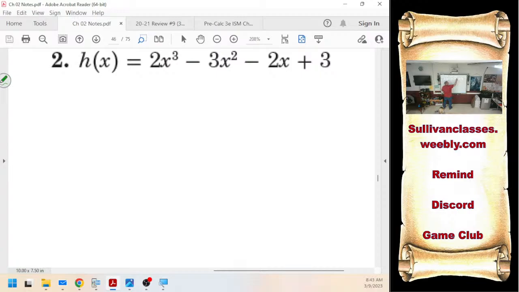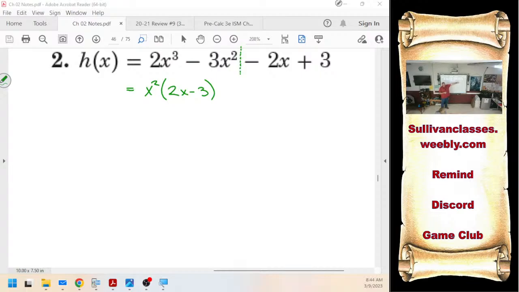Factoring by grouping says I can cut this in half right now. What do these two have in common? X squared, leaving 2x minus 3. Well, what do those two have in common? They're relatively prime. They really have nothing. So I would normally put a 1 as a placeholder, but if I do, I have a negative 2x plus 3.